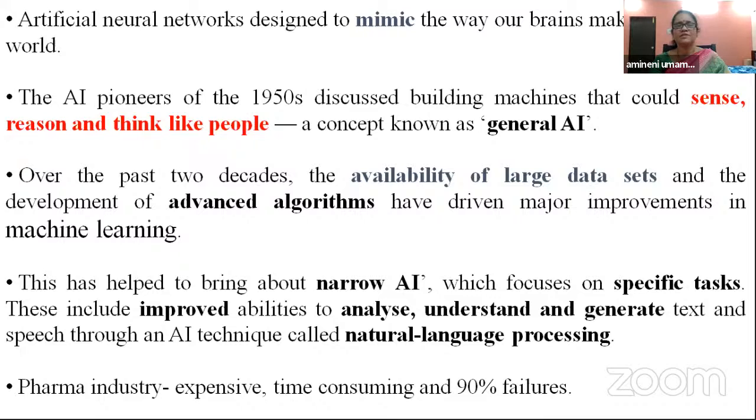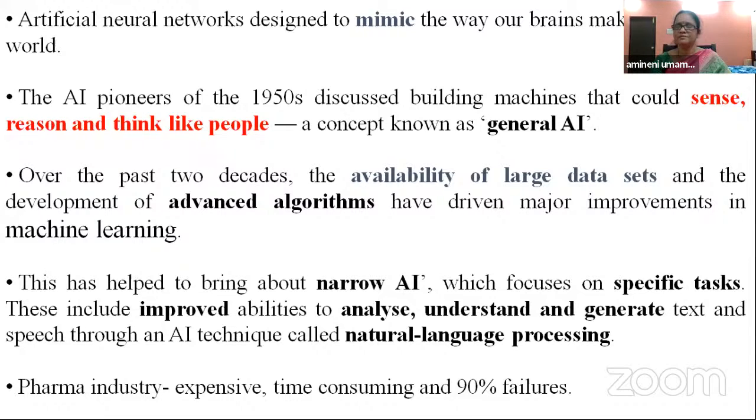Artificial intelligence means anything which mimics the human brain. Previously, in the year 1950, it was general artificial intelligence, because they used to develop robotics. Now, with the advancement in computational power, it has narrowed and is named narrow artificial intelligence, because it focuses on specific tasks.